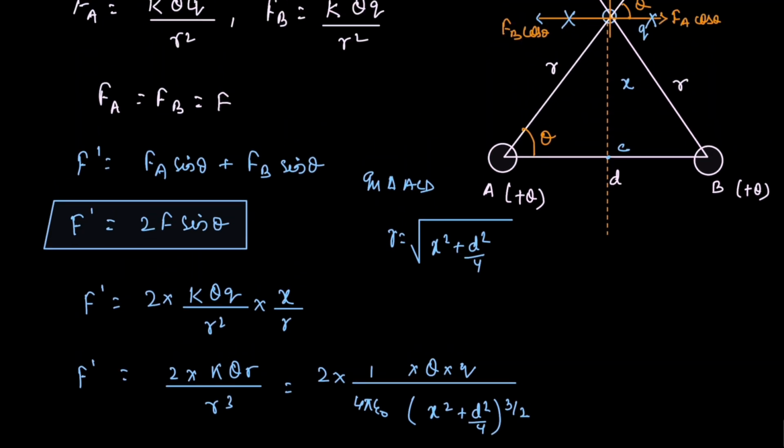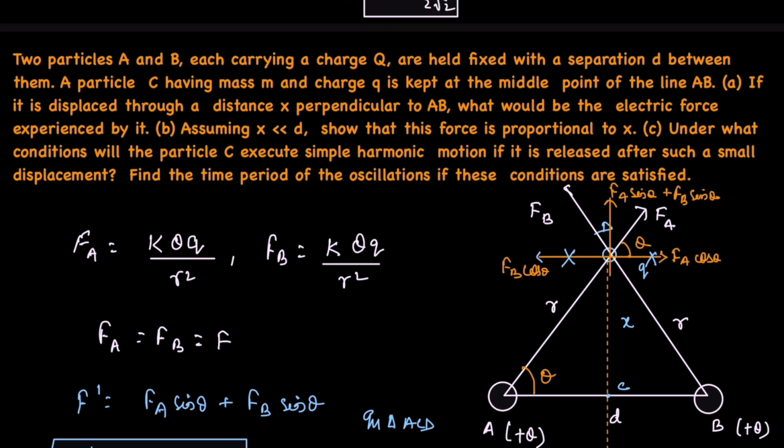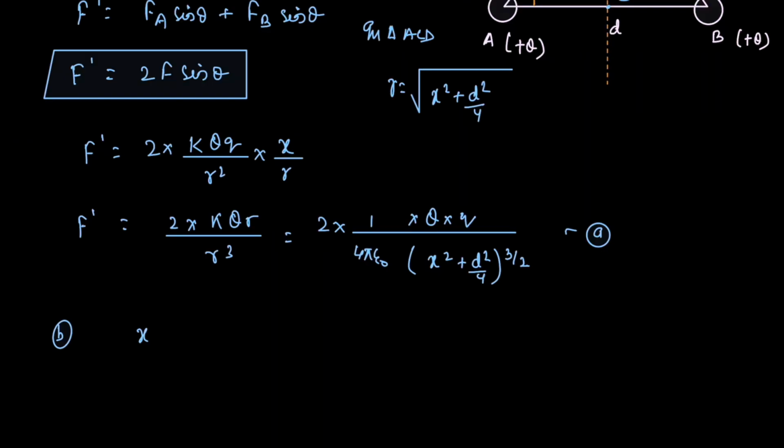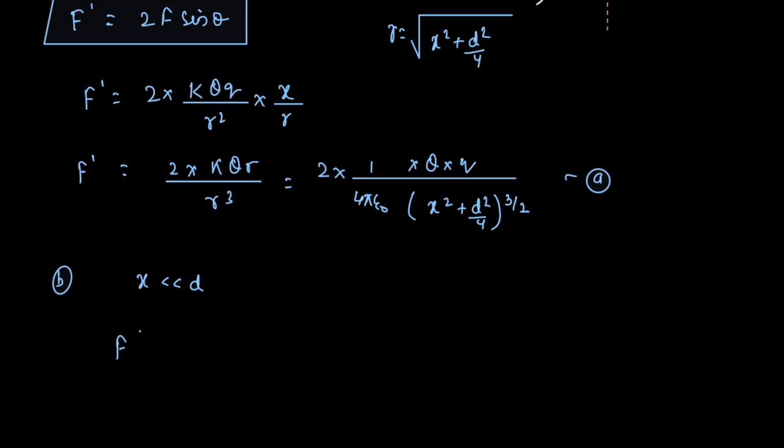In the second part of the question, it says that when x is very small with respect to d, we have to show that the force is proportional to x. X is very less than d. So F dash, we know, is equal to 2 capital Q small q divided by 4 pi epsilon naught into x square plus d square by 4 to the power 3 by 2.